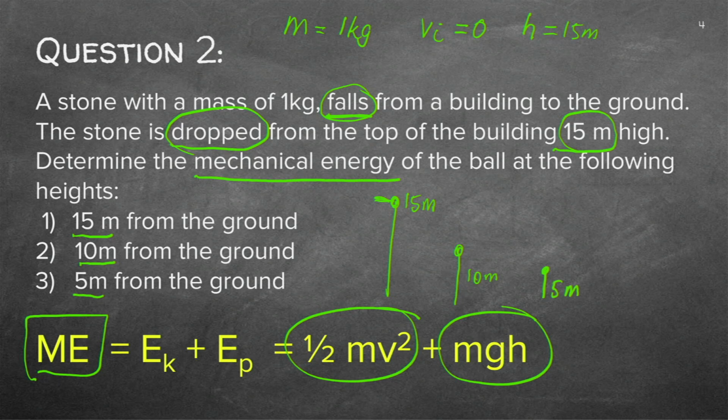Now be careful. Remember, at 15 meters you have traveled nothing. Here the stone has already traveled 5 meters, and here it's covered 10 meters already. You'll see that we are going to use those pieces of information when we do the calculation.